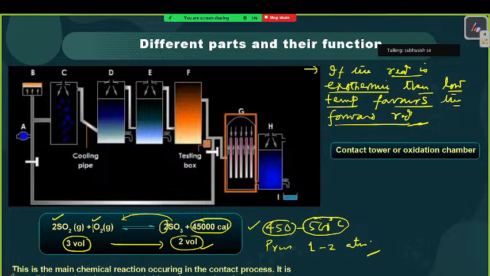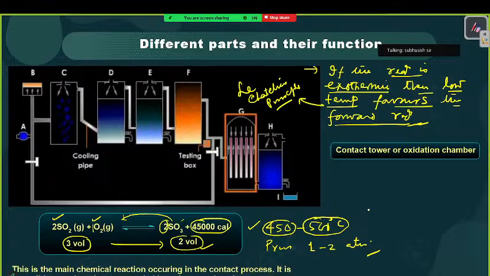Now, why should we use a higher temperature in this case? This principle is known as Le Chatelier's principle. It states that if the reaction is exothermic, then low temperature favors the forward reaction. If low temperature favors the formation of sulfur trioxide, then why use such a high temperature, 450 to 500 degrees Celsius?